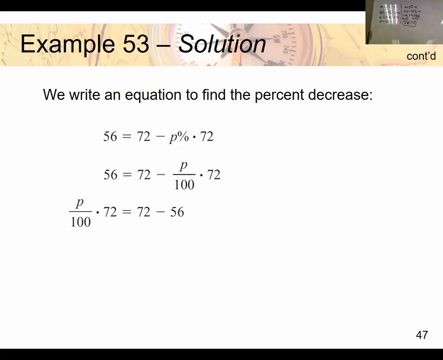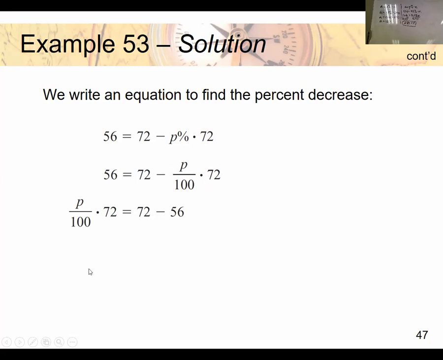Okay. Now what they did, they took this expression of P over 100 times 72 and moved it over to the left side to get this. And then they moved the 56 over to where the 72 is by subtracting. Okay. This was minus P over 100 times 72.